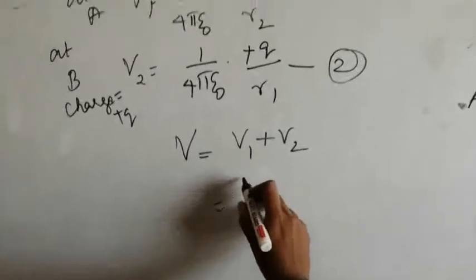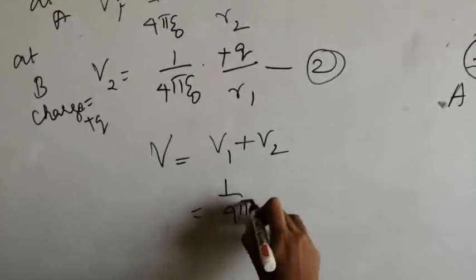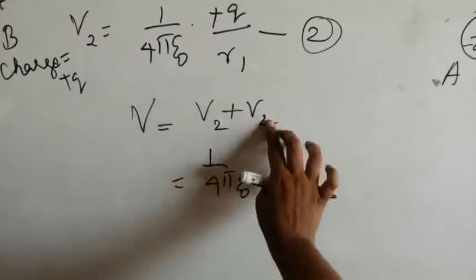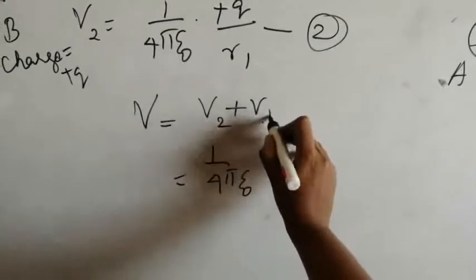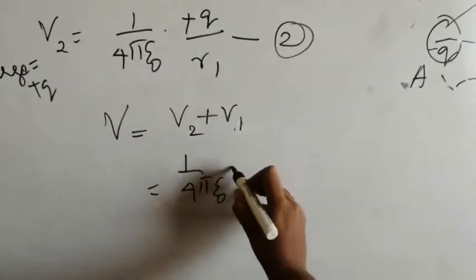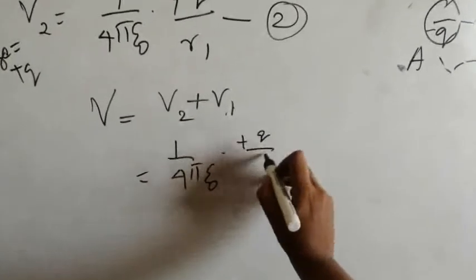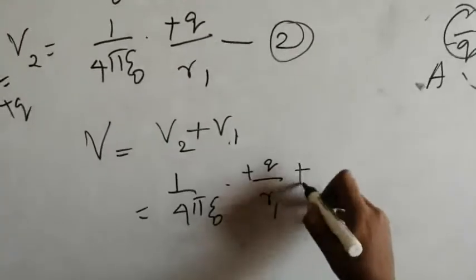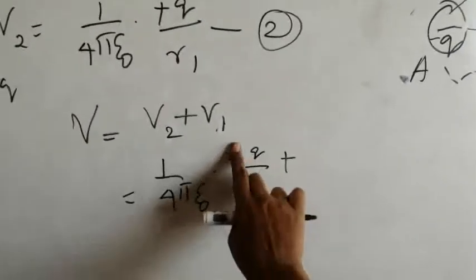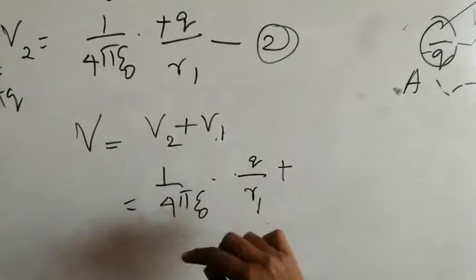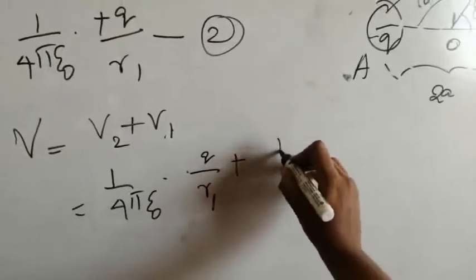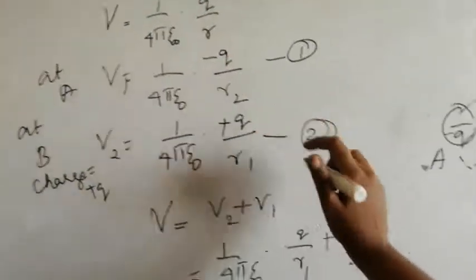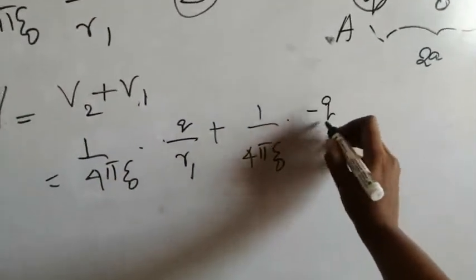Let me write it as V2 plus V1: it is 1 by 4 pi epsilon naught into plus Q by R1, plus 1 by 4 pi epsilon naught into V1, which is minus Q by R2.